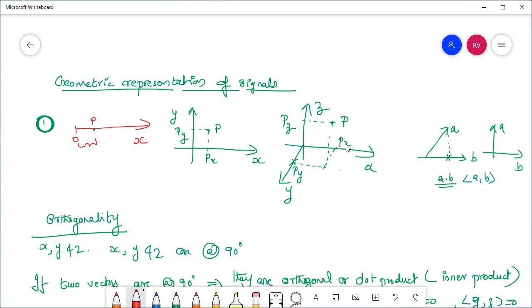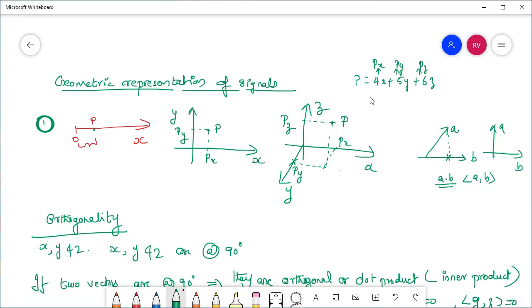So how to find px? Let's write an equation, something like this. Let's say p is 4x plus 5y plus 6z. This is the contribution in the x-axis, this is the contribution in the y-axis, this is the contribution in the z-axis.